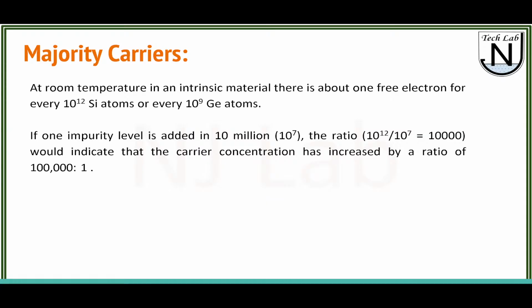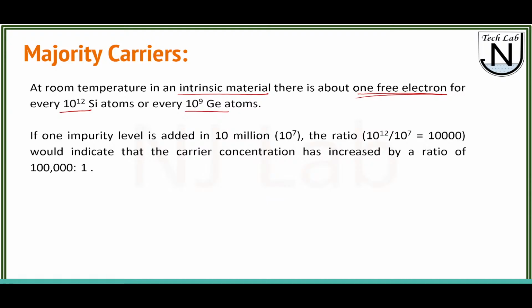And last, at room temperature, in an intrinsic material, there is about just one free electron for every 10 raised to the power 12 silicon atoms. Whereas for every 10 raised to the power 9 germanium atoms, we have one free electron, right?